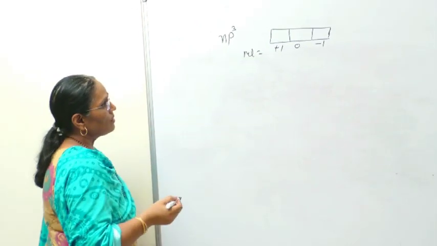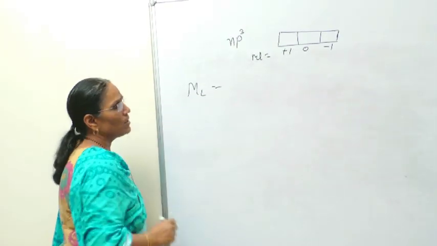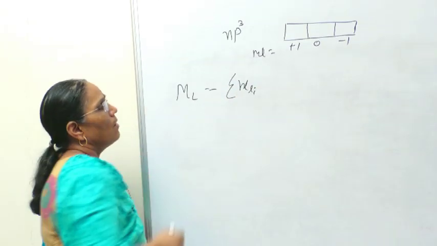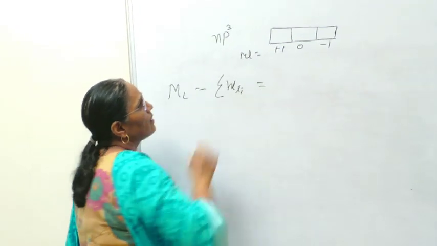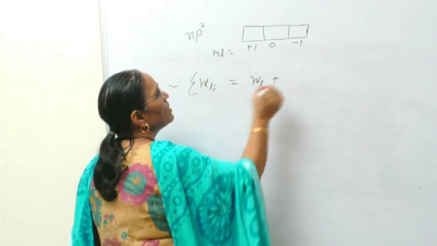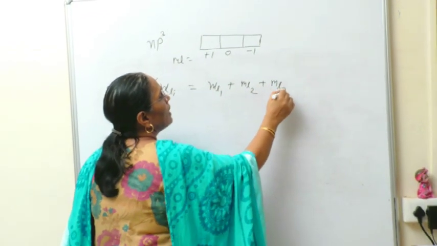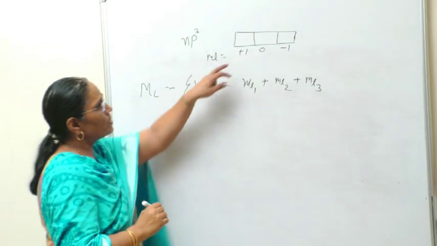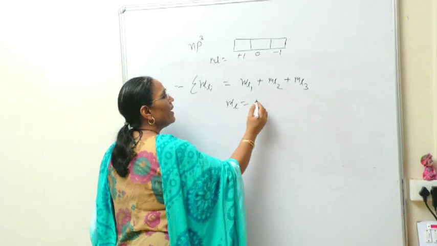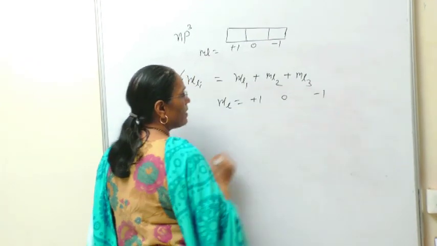For determination of the microstate table, we should know the ml values, and ml values are obtained by summation of the individual orbital quantum numbers, and as there are 3 electrons, there are 3 ml values: ml for the first electron, ml for the second electron and ml for the third electron. As the highest possible ml for each electron is +1, the first electron can have the ml value of +1 as well as 0 as well as -1.